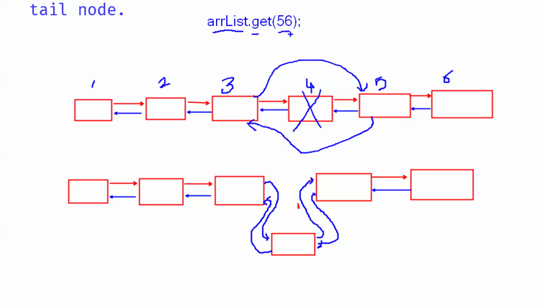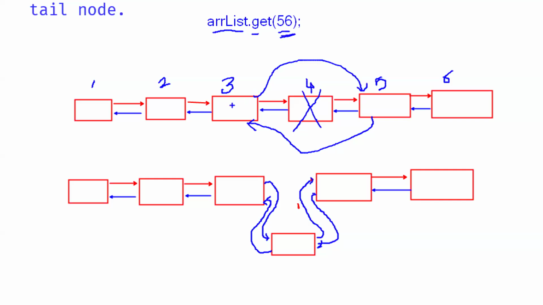Could you tell me what I will get? I will get the element at index 56, right? Index 56 means the 57th element only, right? Yes. Directly the cursor goes to index 56.